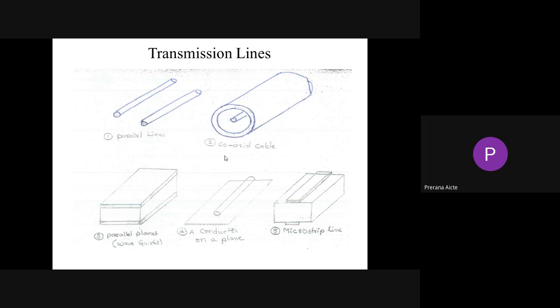Third one is waveguides, fourth one is a conductor on a plane, and fifth one is microstrip lines. So depending on the applications or the operating frequency, the transmission lines may vary.